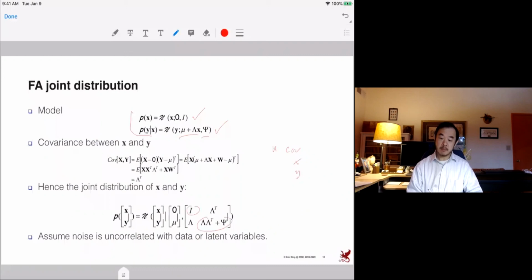But also you can compute the cross covariance matrix between the x and the y just by using their definition. And you find that the cross covariance is actually equal to lambda transpose. And the cross covariance of y over x will be the transpose of this. Therefore, you plug in these things. Writing down the joint distribution of x and y in here is actually quite trivial.